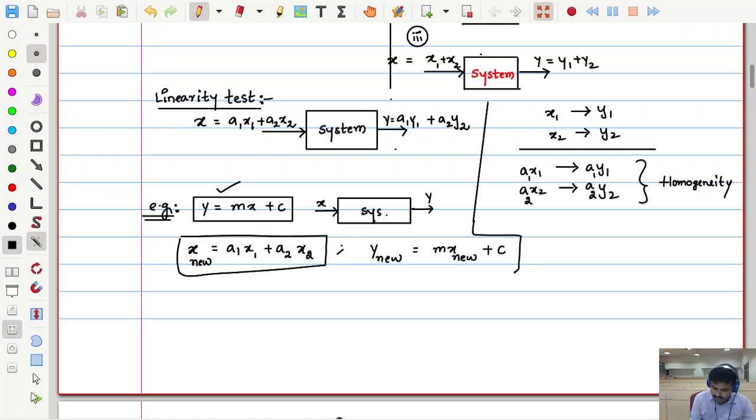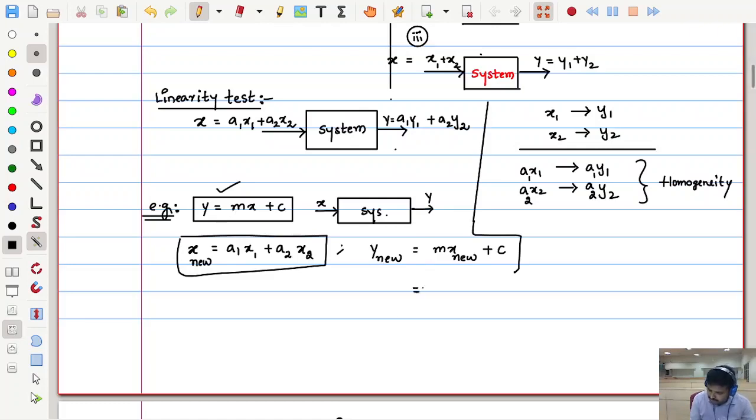So if I give x as an input, the output is y. If I give a new input, the corresponding new output is y new, which is equal to m times x new plus c.